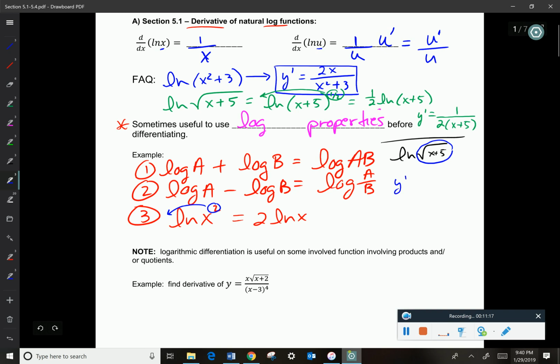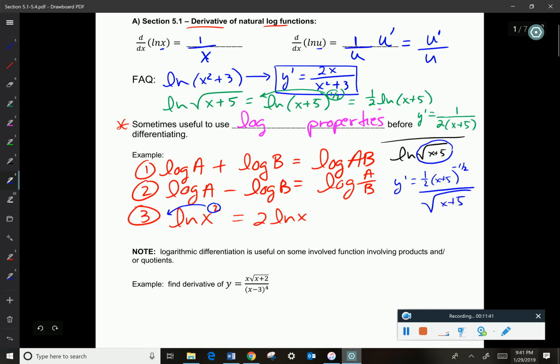So then if I do my u prime over u, in order to do u prime, I would have had to do a chain rule on this, right? The derivative of this would be 1/2 x plus 5 to the negative 1/2, and then you say times the derivative of the inside, so times 1. So that's my u prime, and then all over u, so it would have been all over square root of x plus 5.